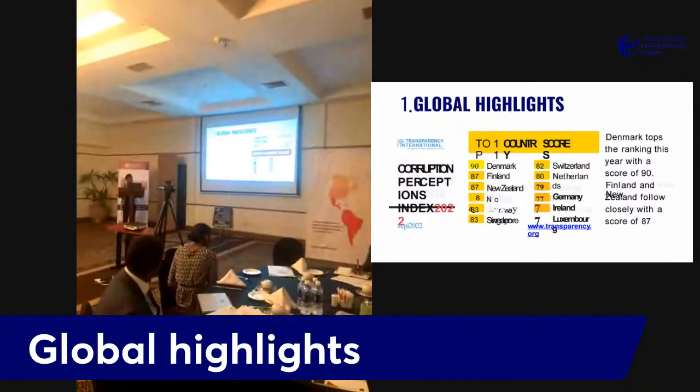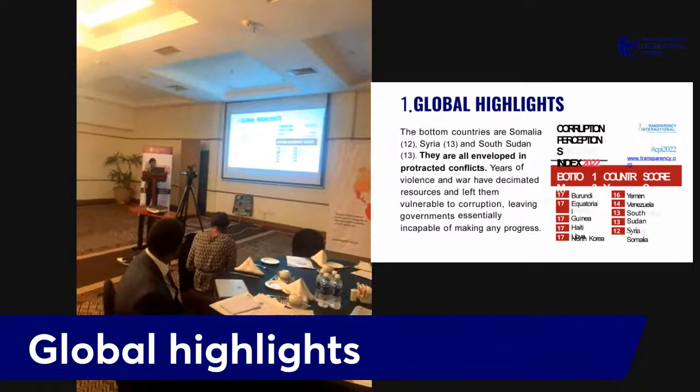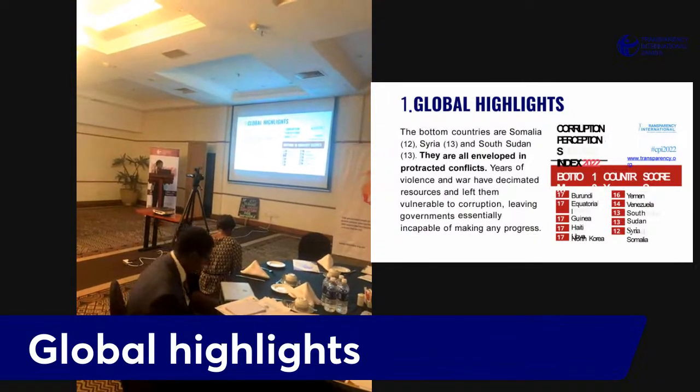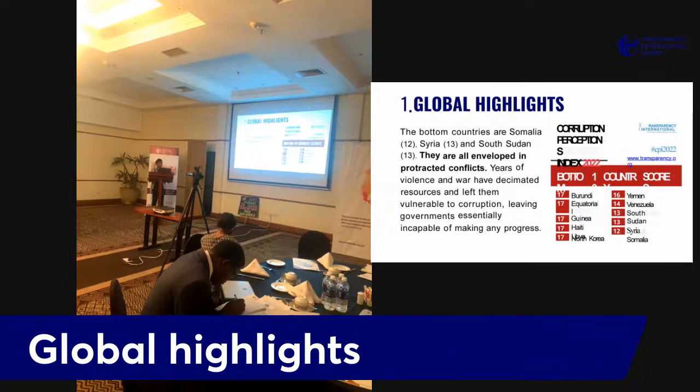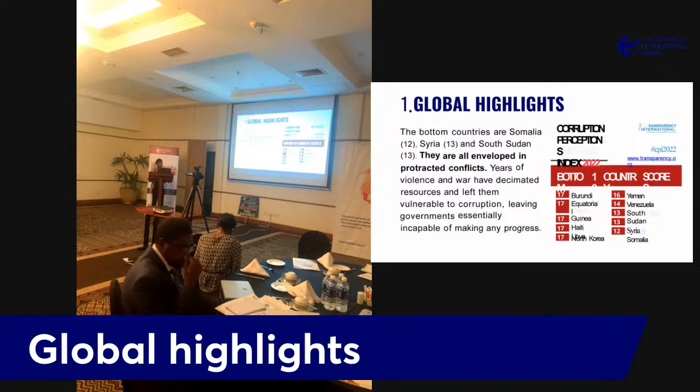In terms of who is trailing the CPI, the bottom countries are Somalia with a score of 12, Syria with 13, and South Sudan with 13. All these countries, as you would know, are characterized by protracted conflicts, which is in line with this year's CPI theme: corruption, conflict, and security.